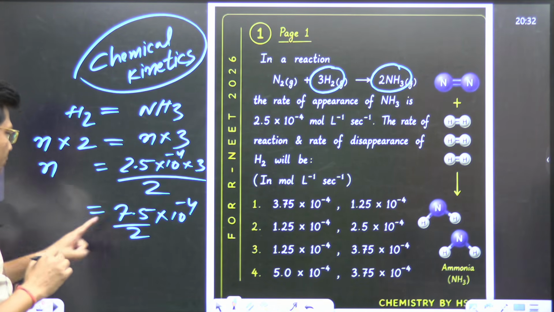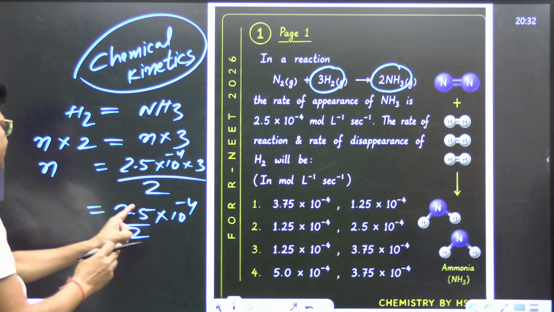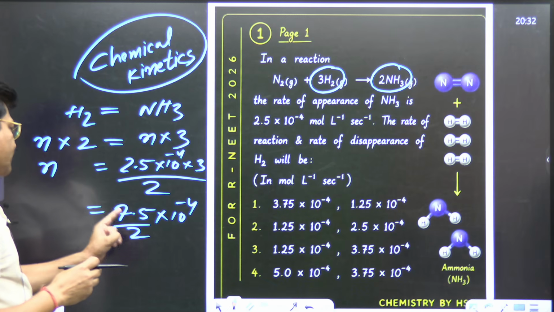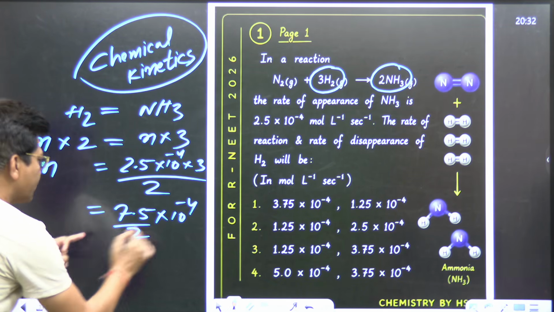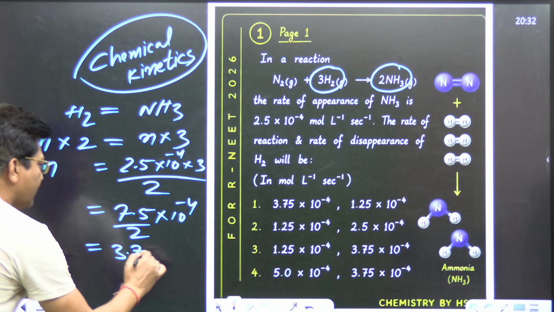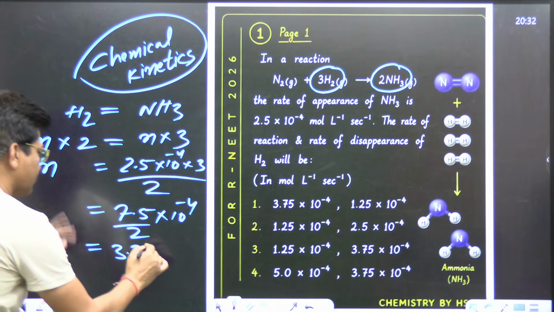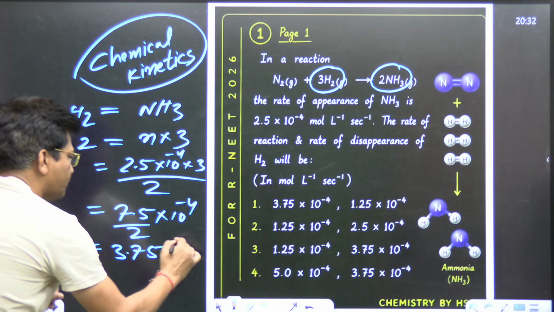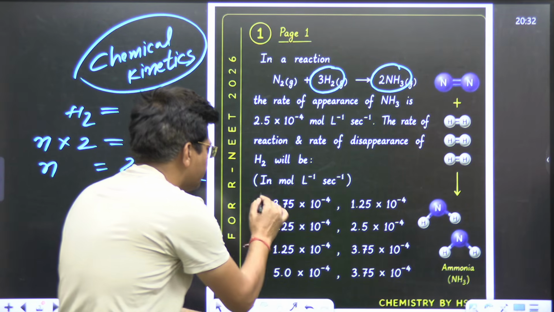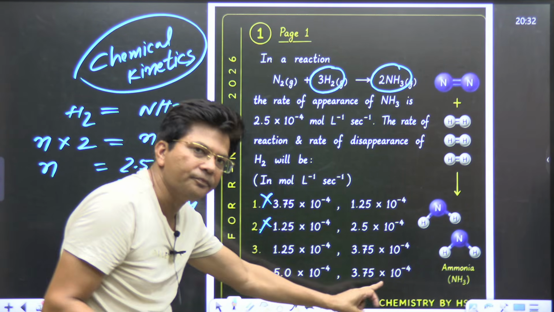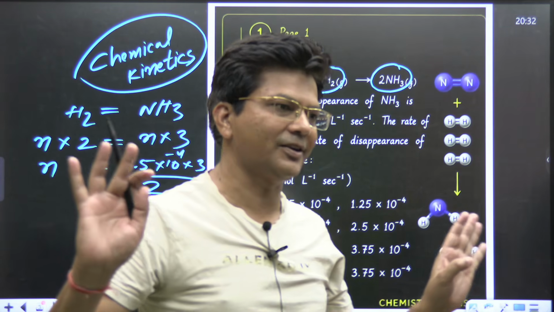Now what I will get? Half of 7.5 is 3.75. Yeah, 3.75 into 10 raised to power minus 4. So this is wrong. In both of these, 3.75 into 10 to the power minus 4 is given. Our work is solved.